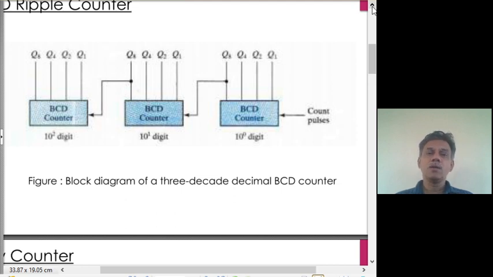That is, we want a counter which will count through 3 digit BCD encoded numbers. For example, we want to count from 0, 0, 0.